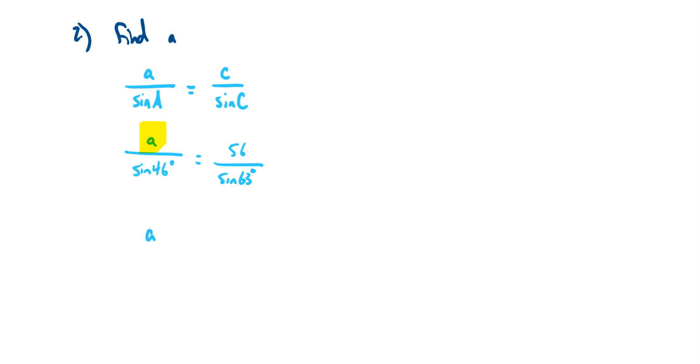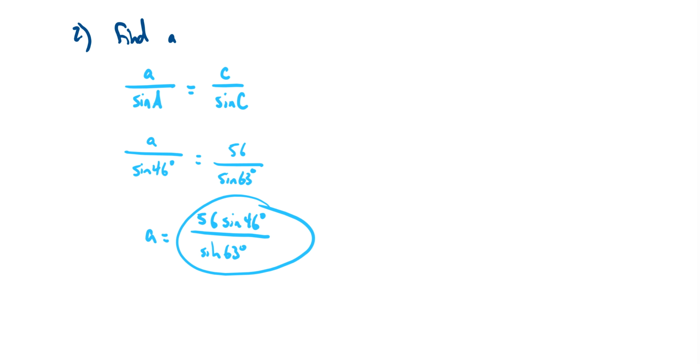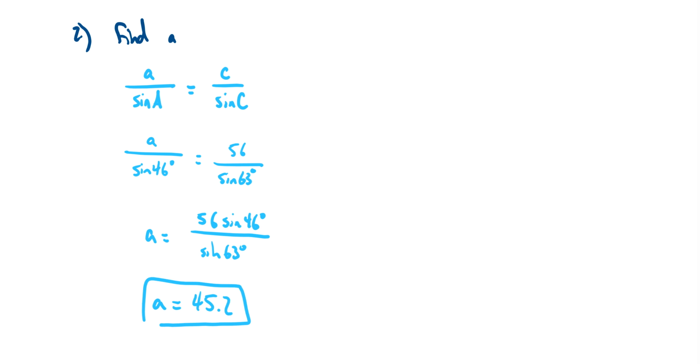So it's going to be 56 times sine of 46 degrees over sine of 63 degrees. And usually a good idea is to not round anything until the end. So just leave everything as it is until the very end. Now you can plug this entire thing in the calculator. Make sure you are in degree mode. And we would end up getting, I'm going to round this to the nearest tenth, 45.2. So we have side A is 45.2.